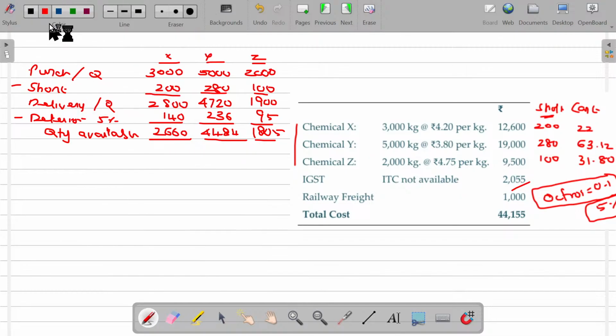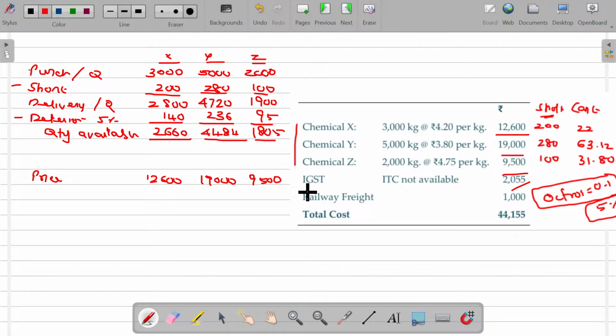Now I am going to find out the cost incurred for purchasing this, but while billing I have to take this. Now purchase price. What is the price? 12,600, 19,000, 9,500.